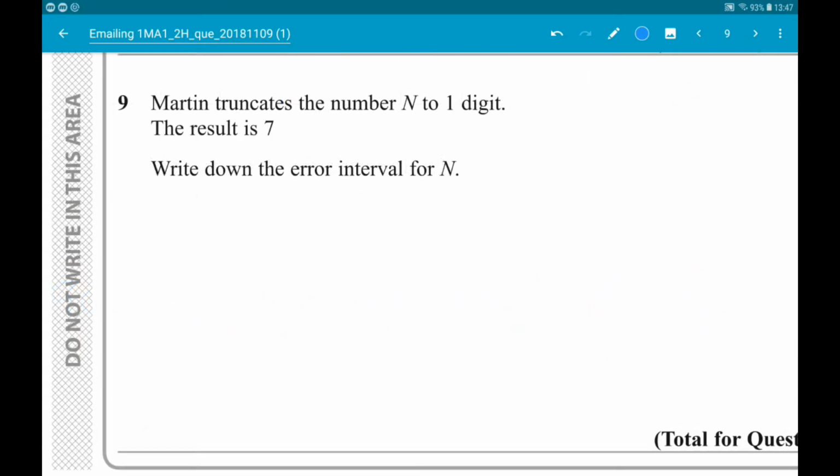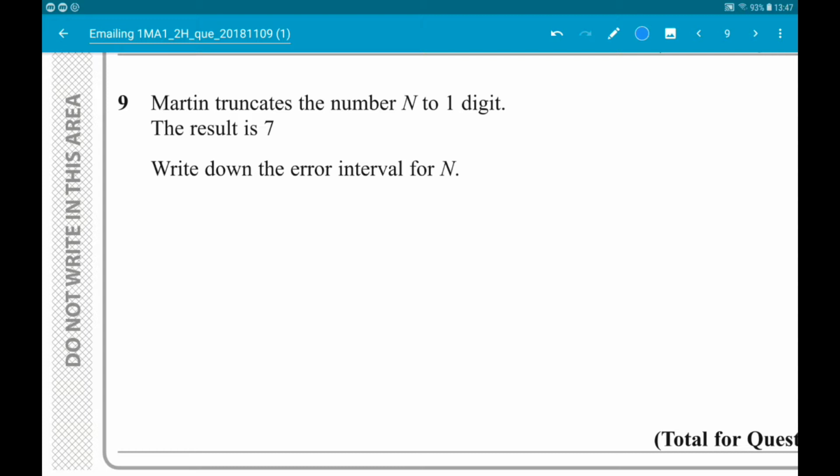Okay, number 9, a bit of a strange one to see at GCSE level. So, Martin truncates the number n to 1 digit. When you truncate something, you cut off what you are not interested in.